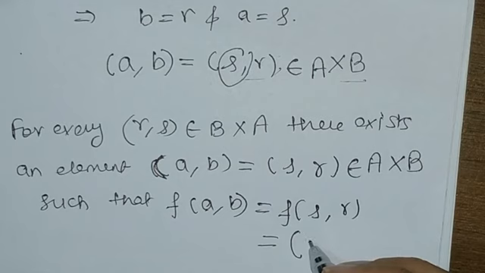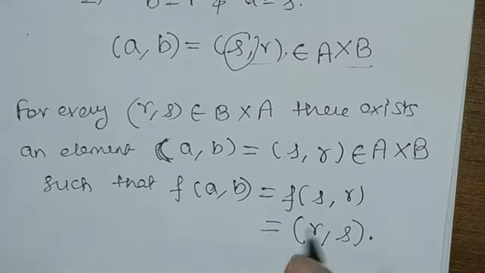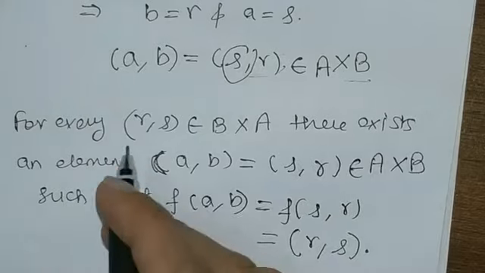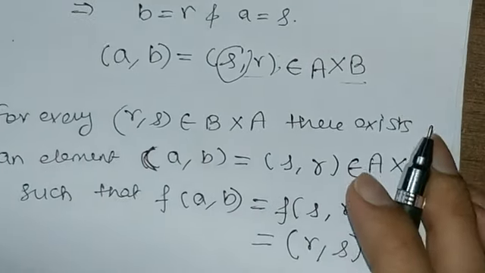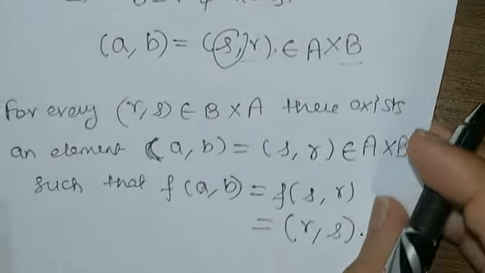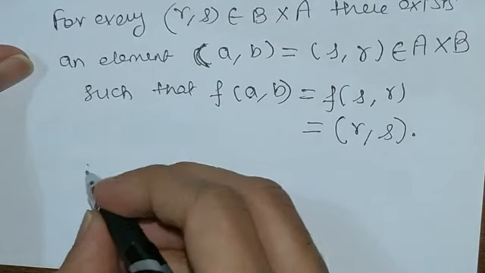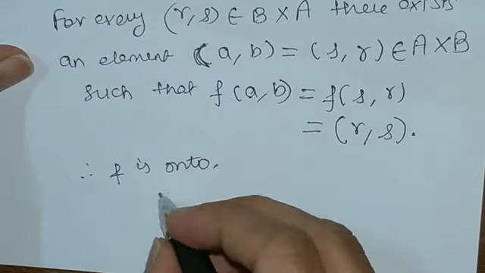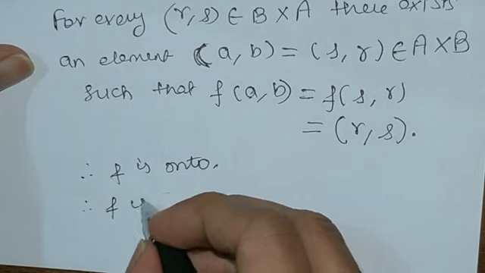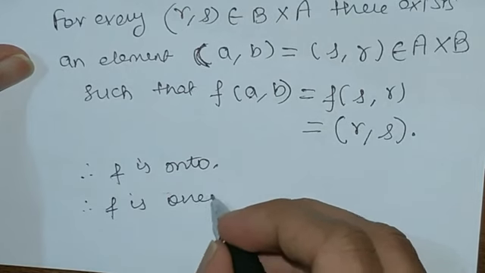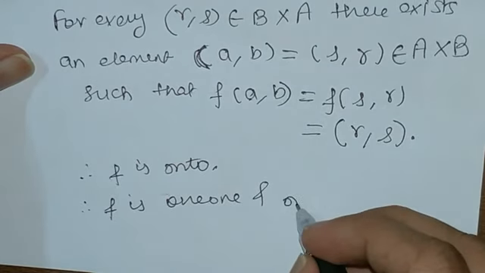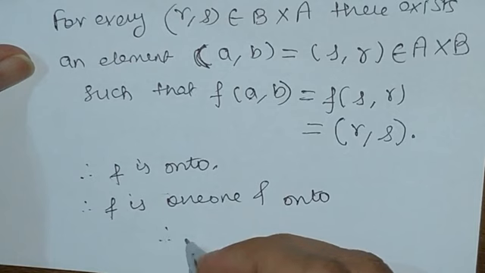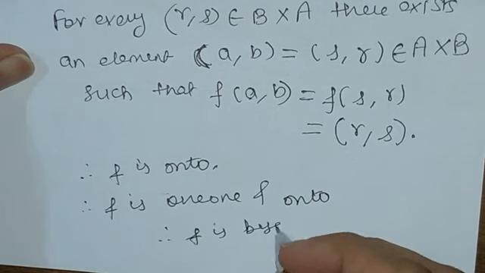According to the definition of the function, it is (r, s). So we have got the element in the codomain. Therefore f is onto. So f is 1-1 and onto. Therefore f is bijective.